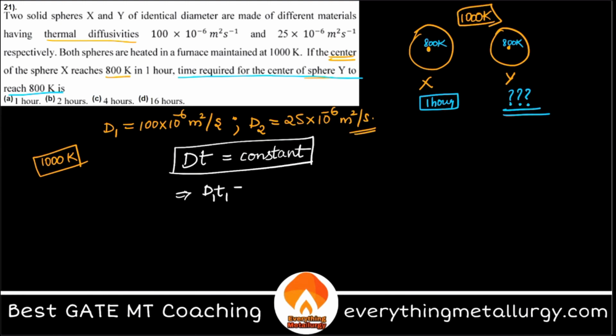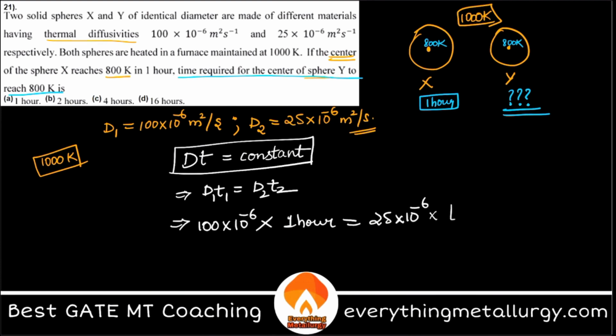D1 T1 equal to D2 T2. So 100 into 10 power minus 6 into the time given, 1 hour, equal to 25 into 10 power minus 6 into some t. So if you can see, the time required for the second case will be 4 hours.